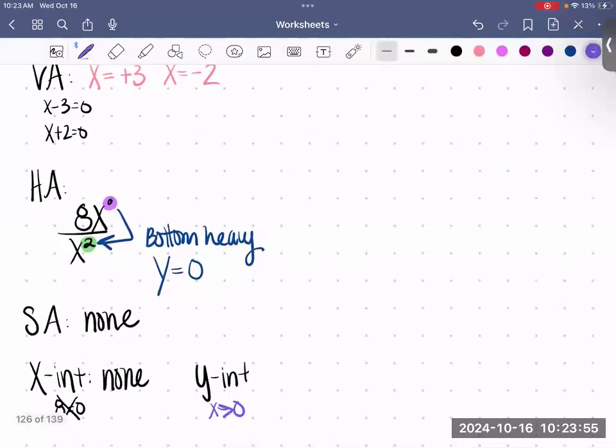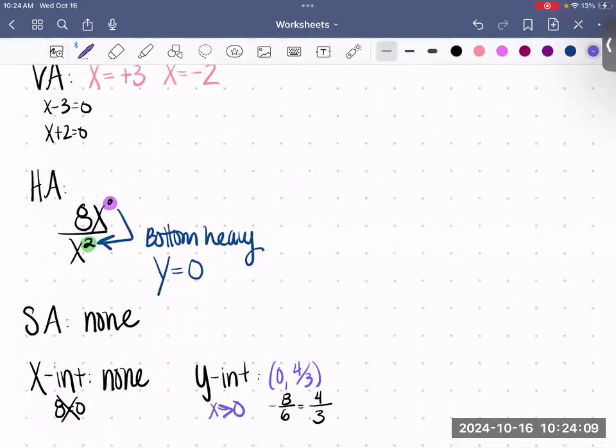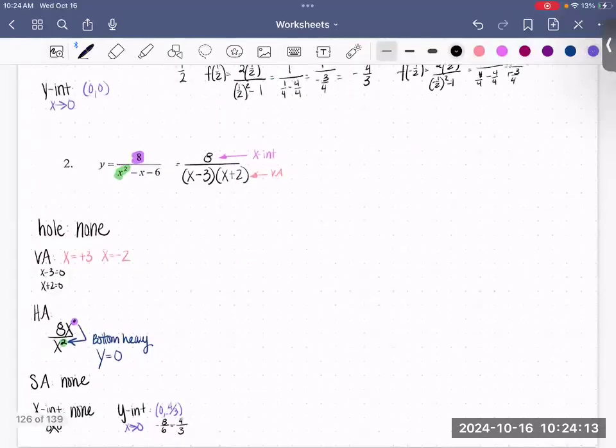So we have 8 over -6, which can reduce to -4 over 3. So we have the y-intercept at 0, -4 over 3, and that is a negative value. There we go. So I believe we found everything we needed to.